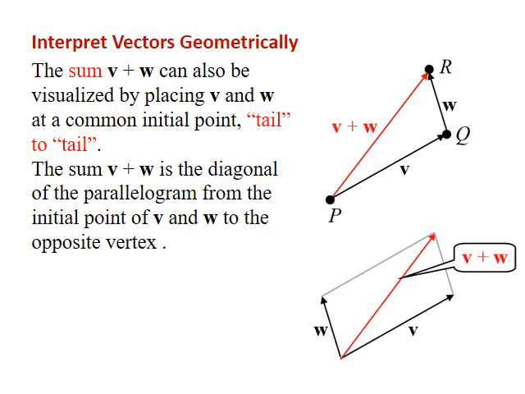It ends up being the diagonal of a parallelogram. So what we could do is, if we know this is vector W, we can do another vector W. And then if we know this is vector V, we can do another vector V, and it ends up being the diagonal of the parallelogram.